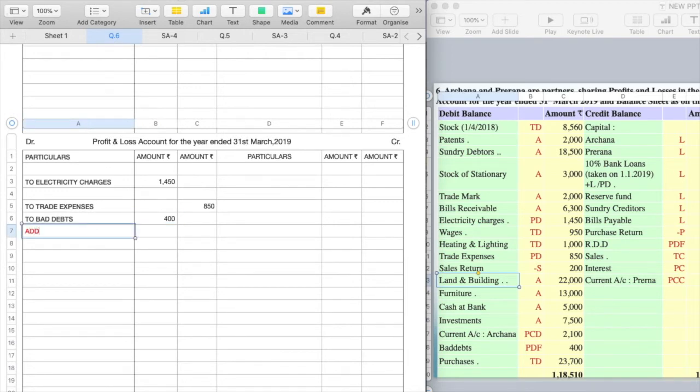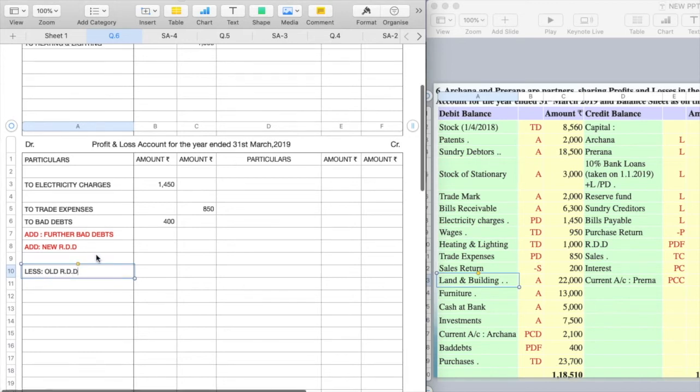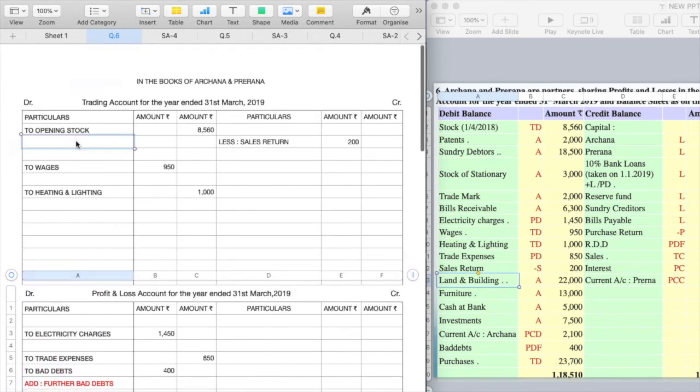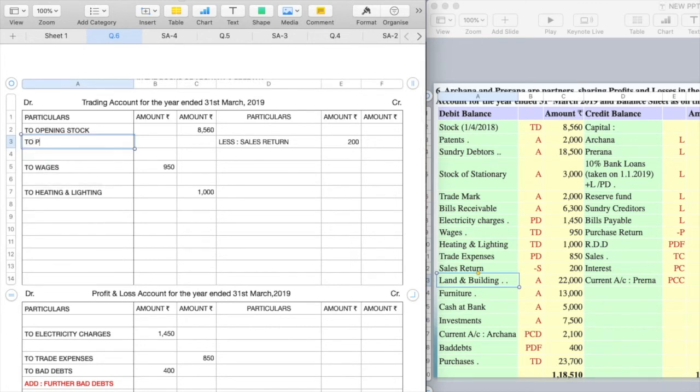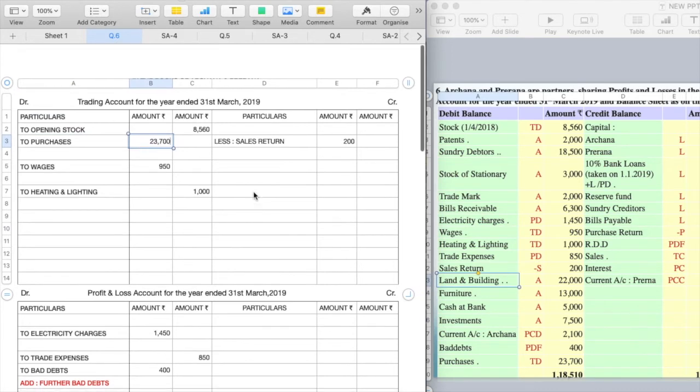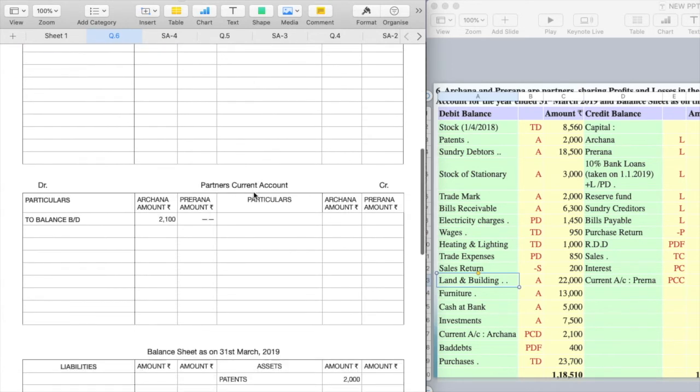Then write add further bad debts, add new RDD, leave 1 line and write less old RDD. Then purchases, so write to purchases in the second line of the trading account, 23,700 inner column.